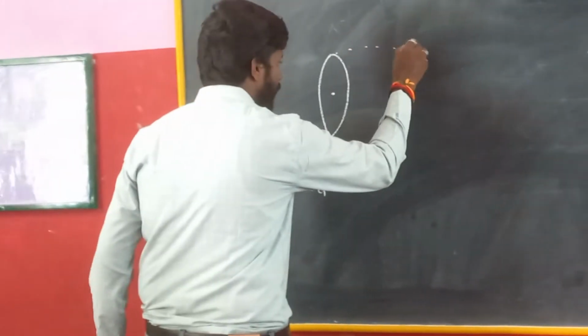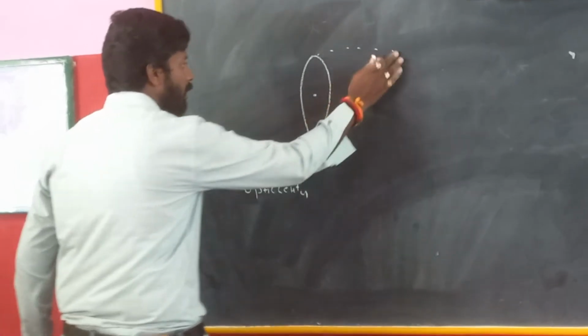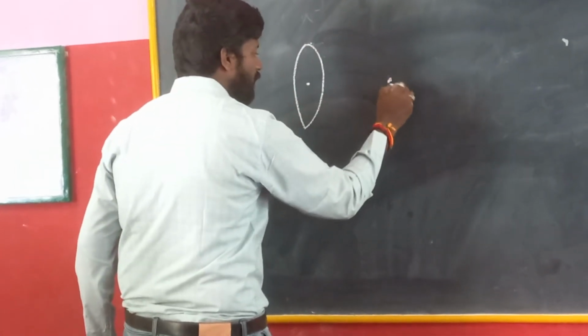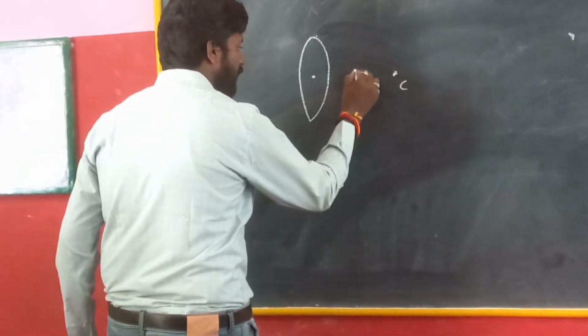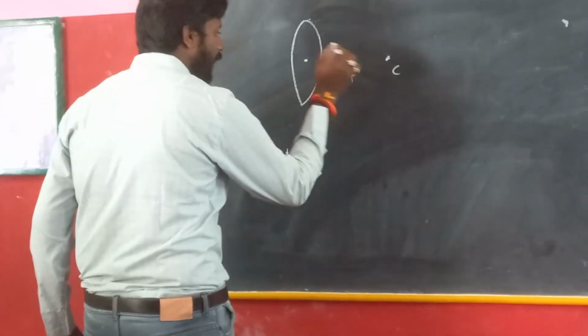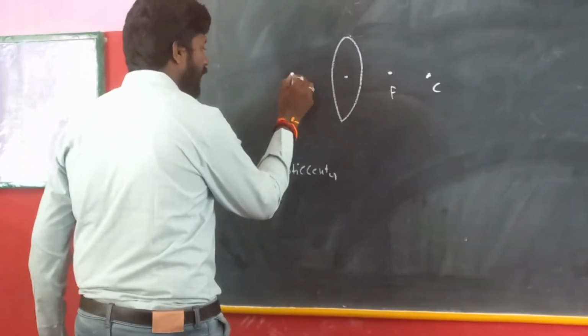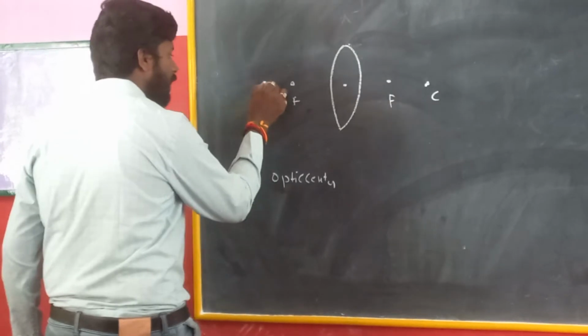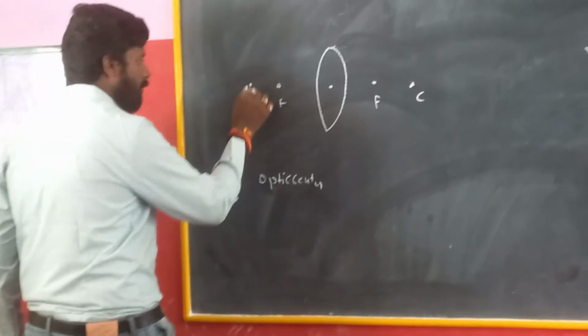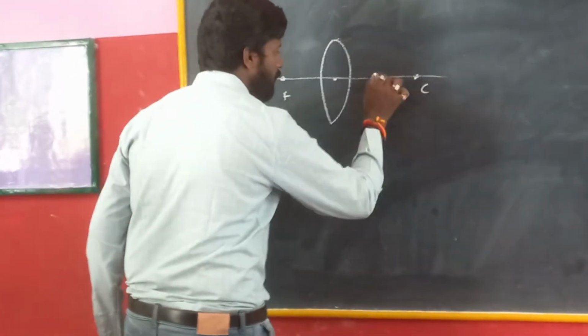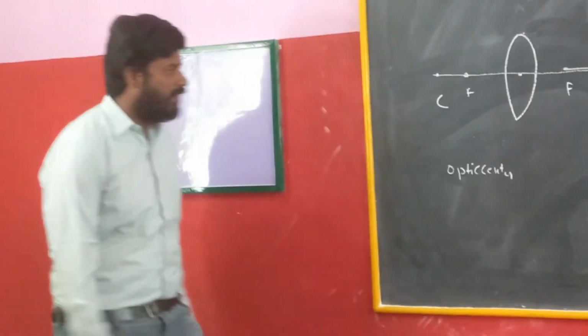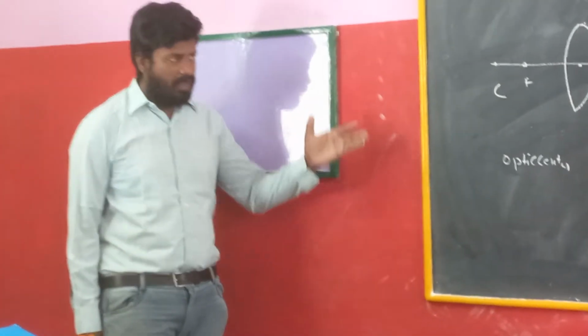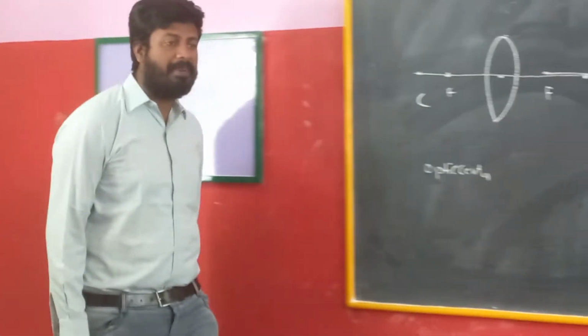If you consider this to be a sphere, then the center of the sphere is called the center of curvature, and this is called the focal point. I already told you. And here also we have one more focal point, and here also we have a center of curvature. A line joining the center of curvature and focal point is called the principal axis.